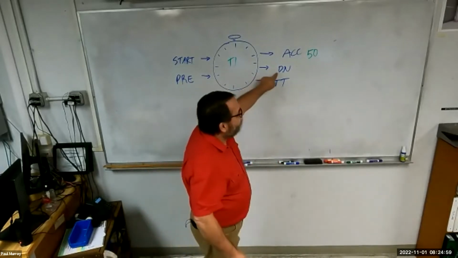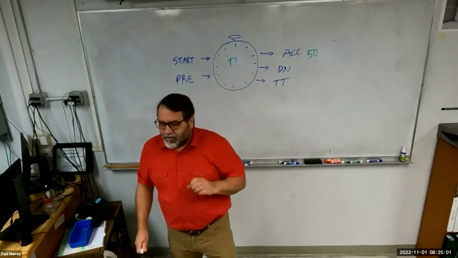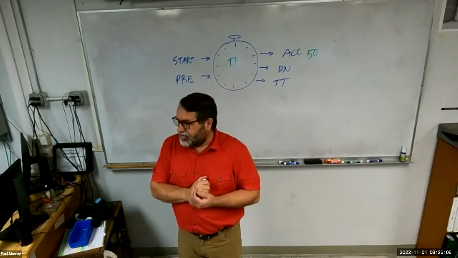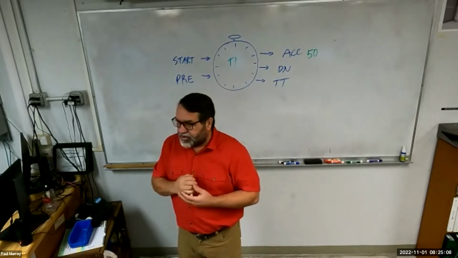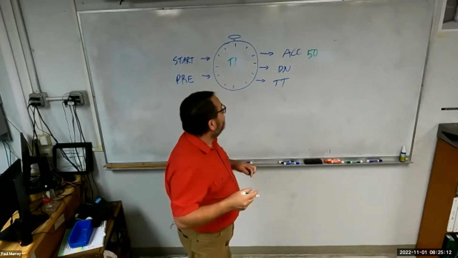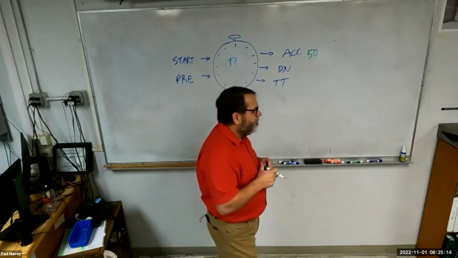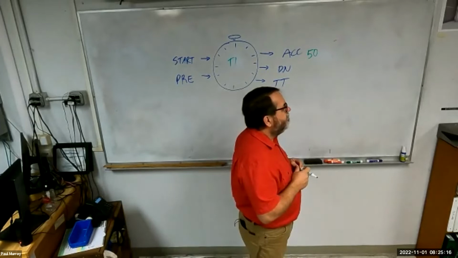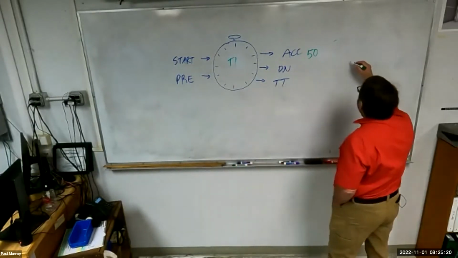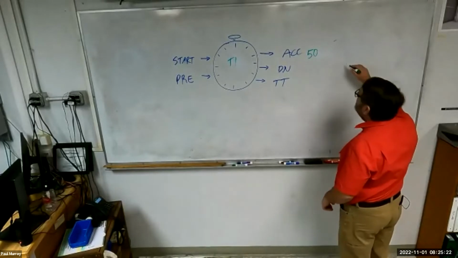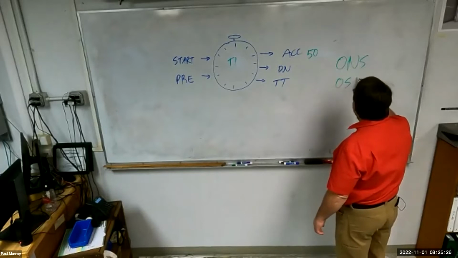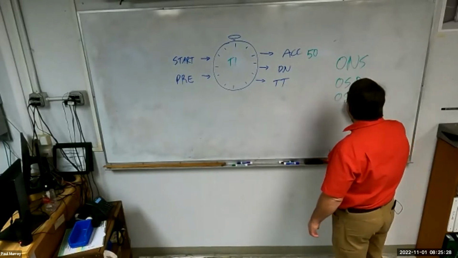But the cool thing about the done bit is you can get a one-time signal with it, and because you can do that, you can avoid learning a bunch of other commands. So if you have the textbook, I think it's chapter 11, there's a bunch of commands called ONS, OSR, and OSF.